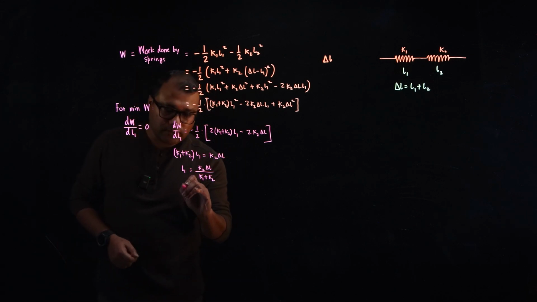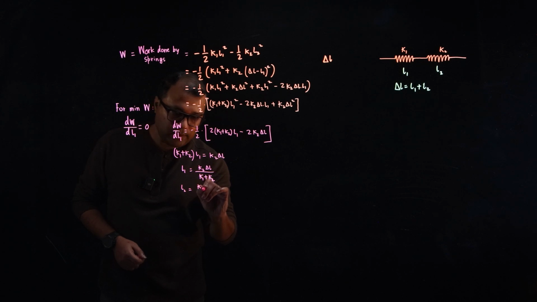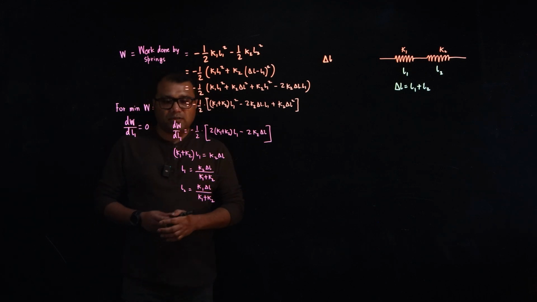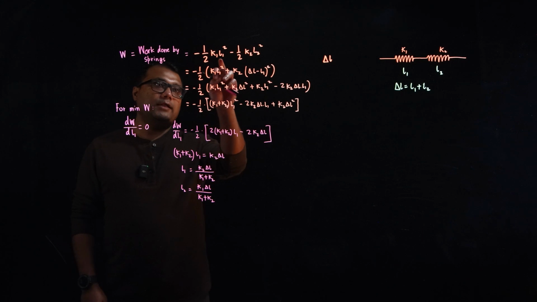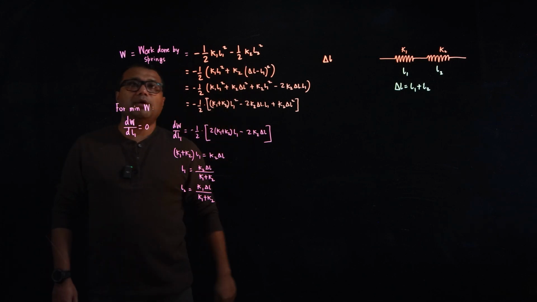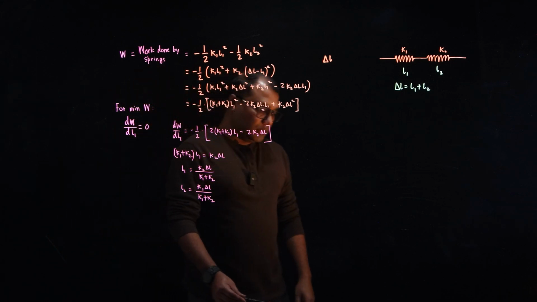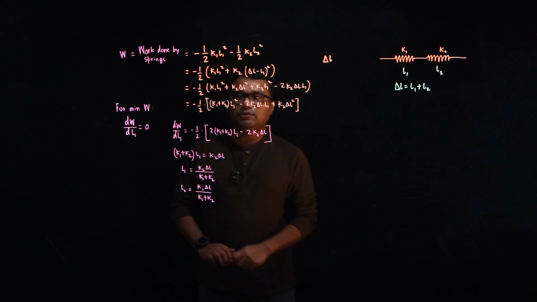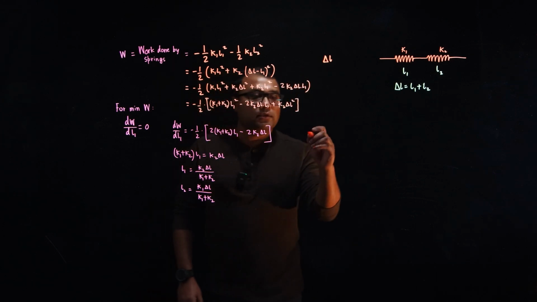By symmetry, we can also write L2 as K1 delta L divided by K1 plus K2. Okay, so we got the values of L1 and L2 for minimum work done on the springs. Now let's just substitute that.